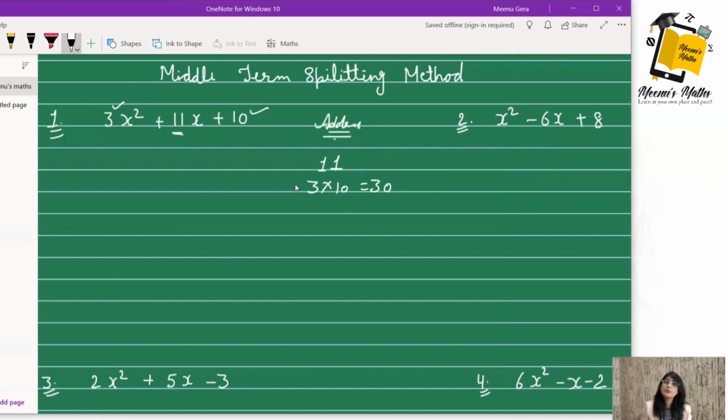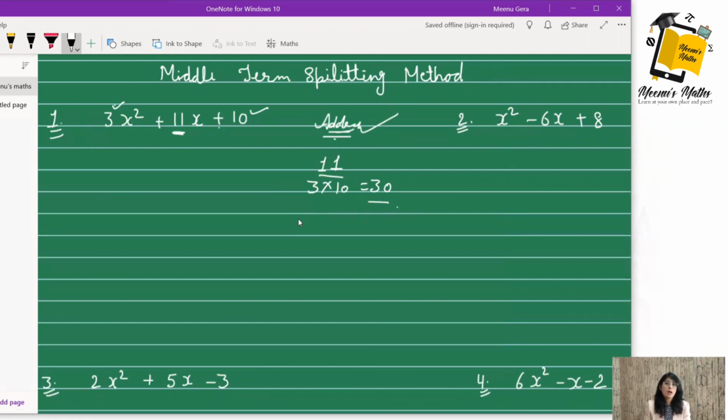Now we have to find two numbers whose addition should be 11, the middle term, and whose product should be the product of 3 and 10, that means 30.